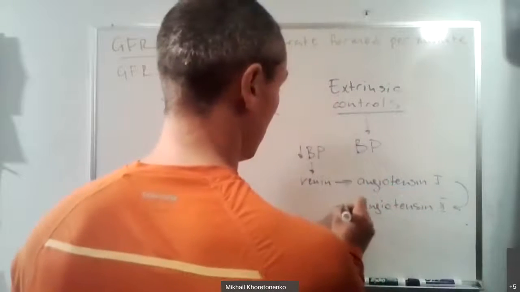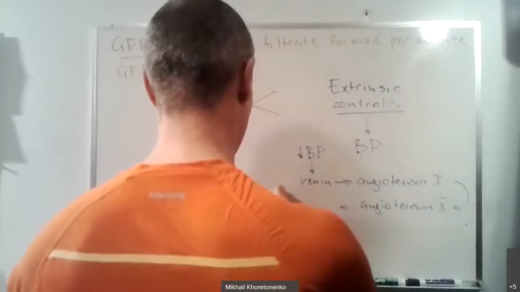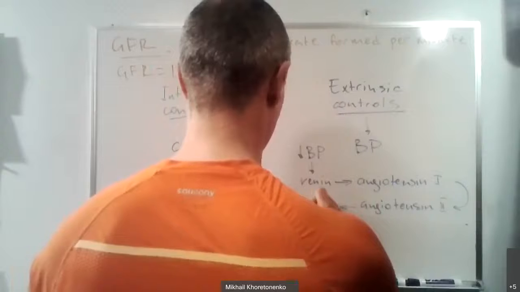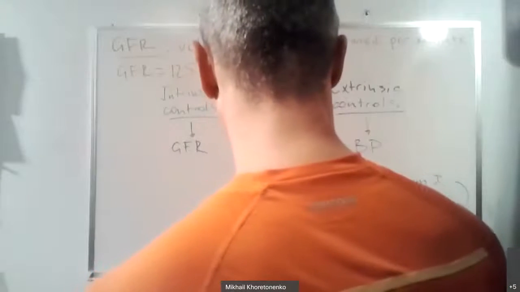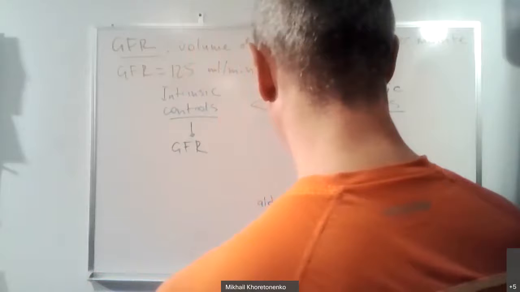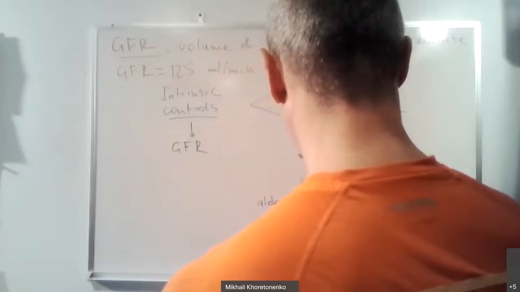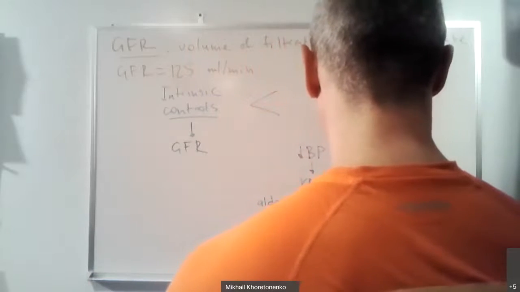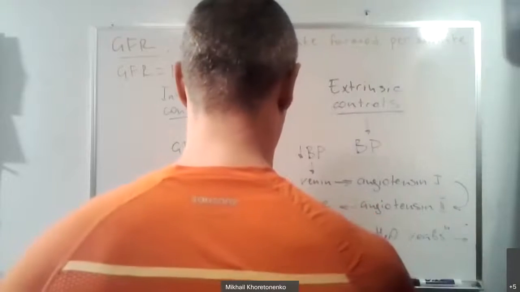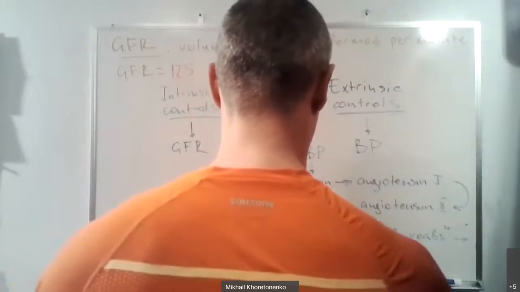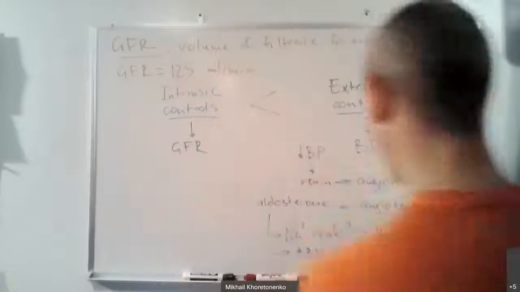And angiotensin 2 stimulates aldosterone. Okay. Aldosterone stimulates sodium reabsorption, which stimulates water reabsorption, which increases blood volume and blood pressure.